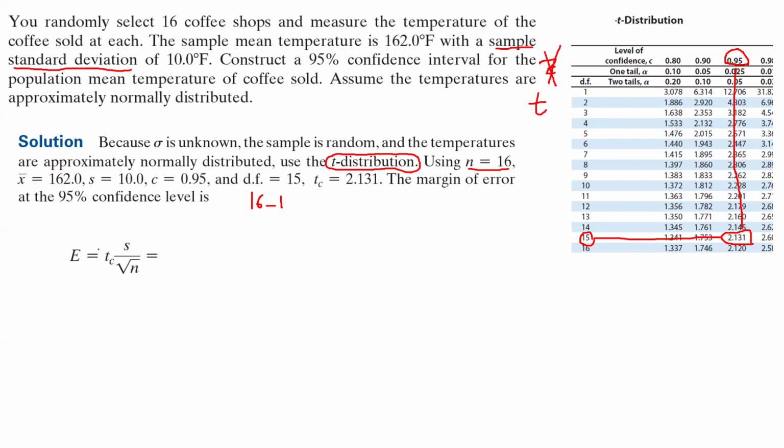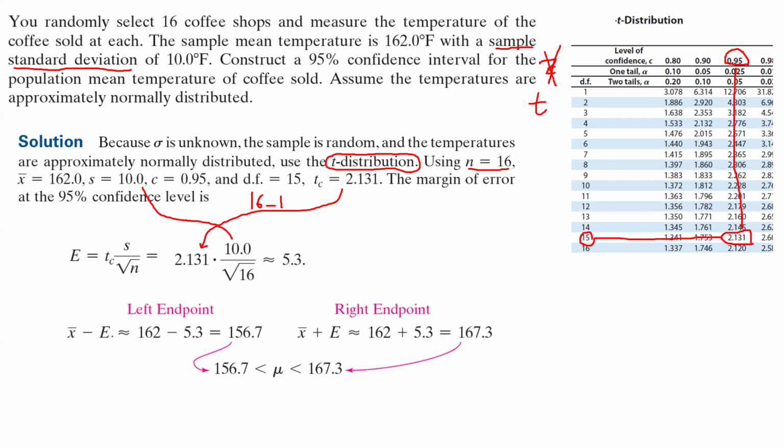Margin of error is t sub c times s divided by square root of n, which is 2.131, what you calculated from the table or your software, times 10, the sample standard deviation, divided by square root of 16, which is about 5.3 degrees.